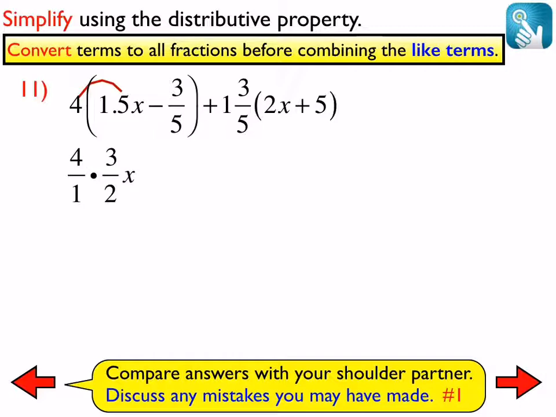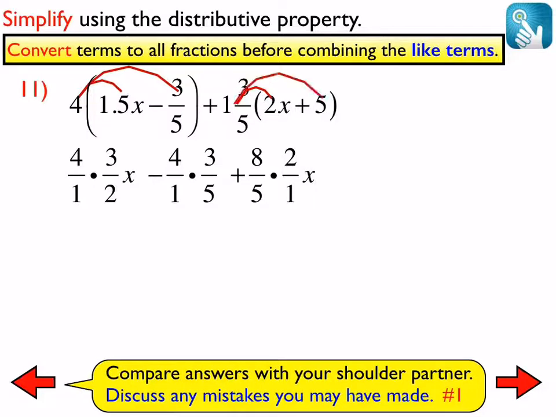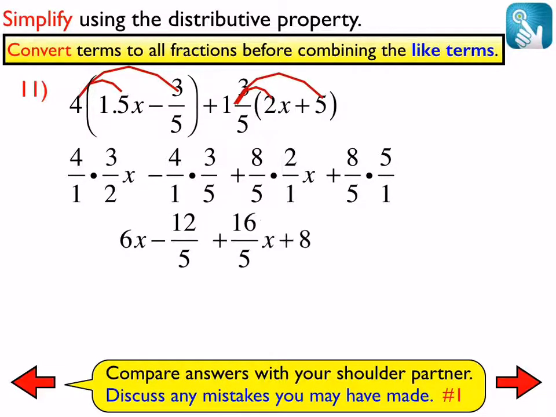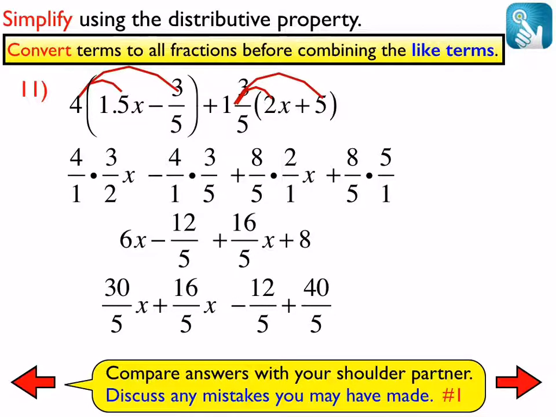So we have 4 times 3/2 x minus 4 times 3/5 plus 8/5 times 2x plus 8/5 times 5. And then when I simplify all that, I end up with 6x minus 12/5 plus 16/5 x plus 8. Combine like terms. And to do that, I have to find common denominators. So I did that right there.